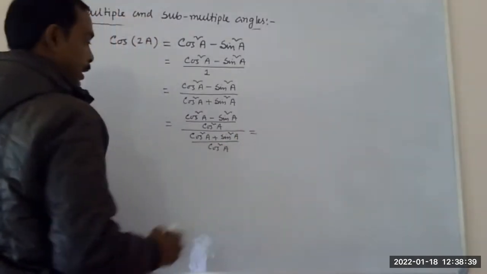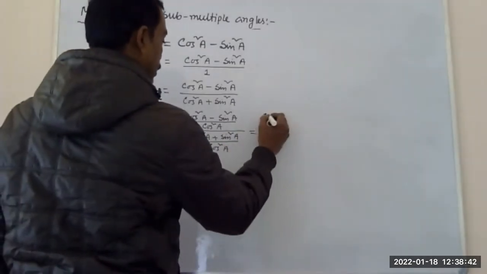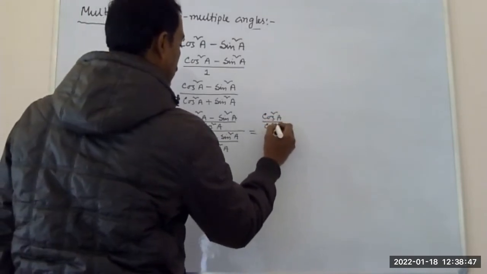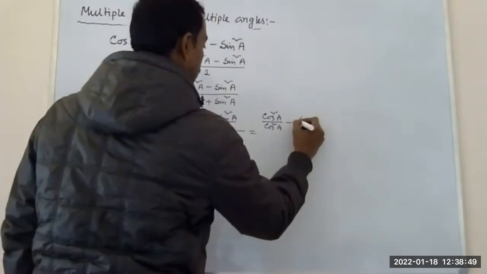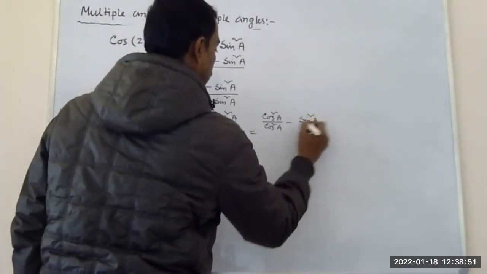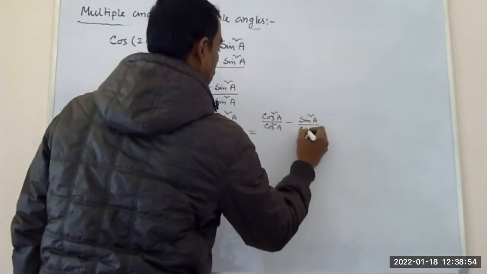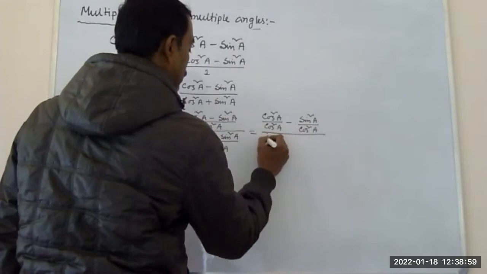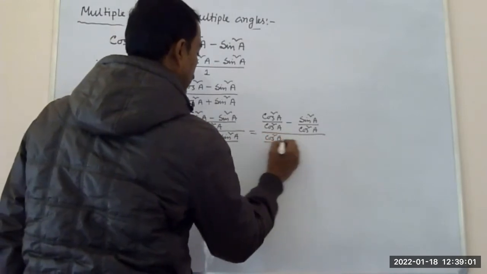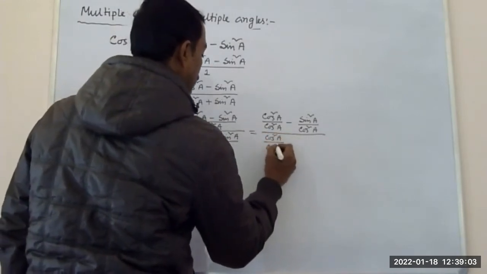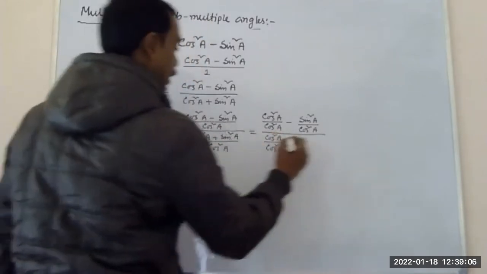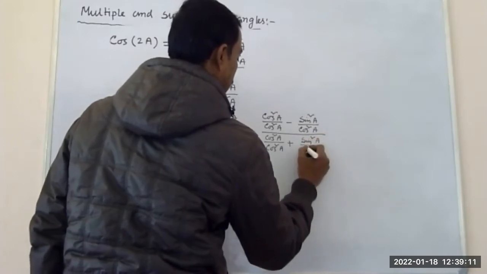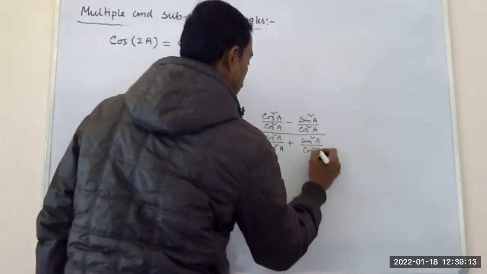Now it can be written as cos square a by cos square a minus sin square a by cos square a, divided by cos square a by cos square a plus sin square a by cos square a.